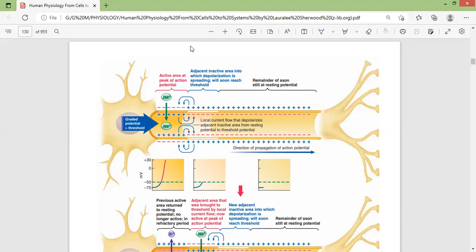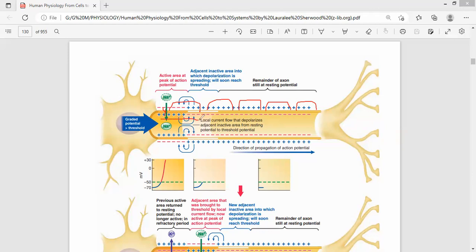But for a myelinated one, there are areas that you don't need to depolarize, between the nodes of Ranvier. So of course, this one will be faster because we don't have to keep depolarizing, because fat is an insulator.